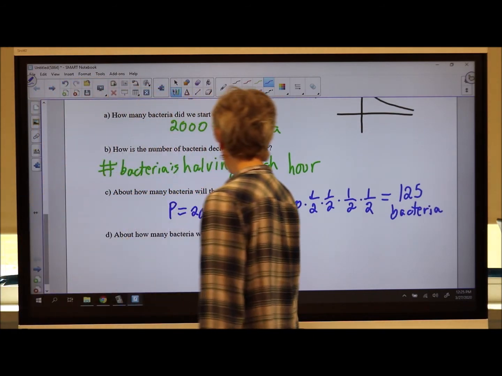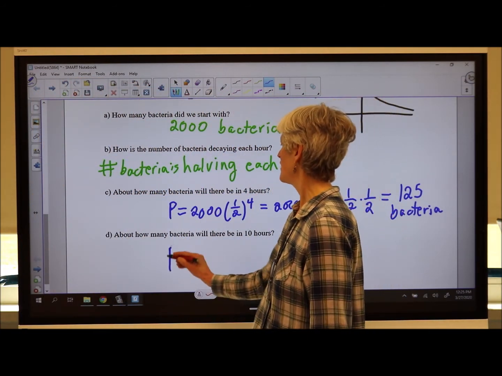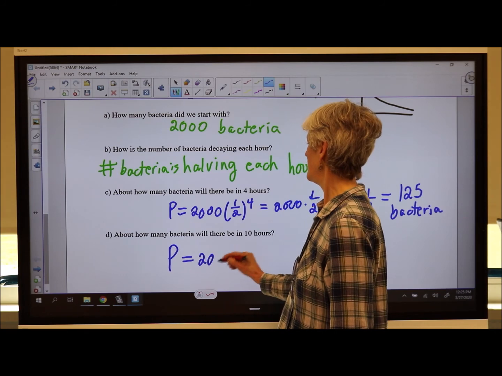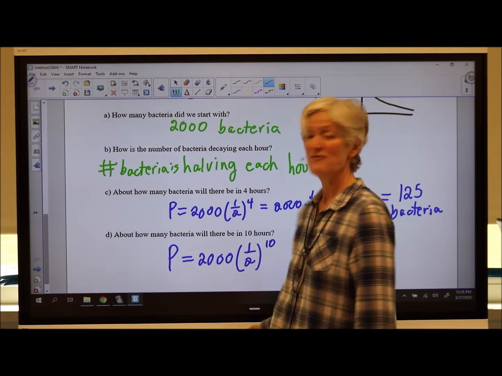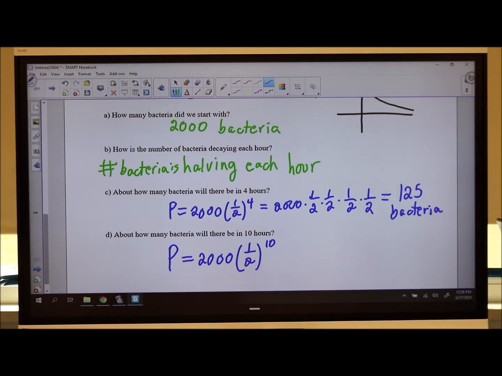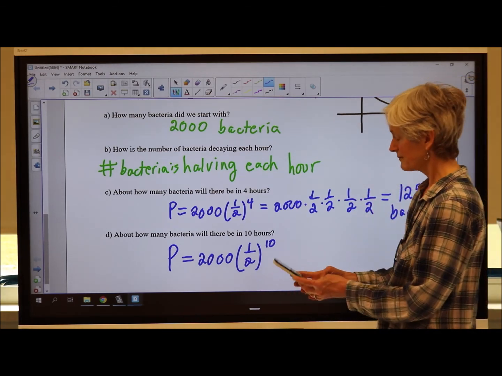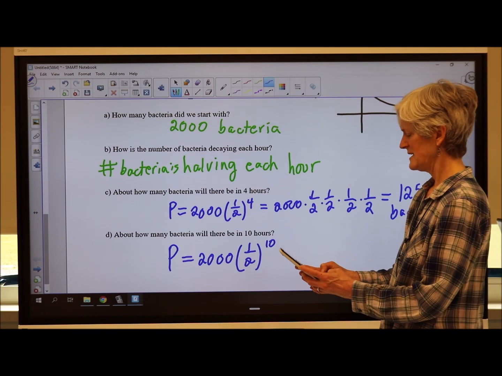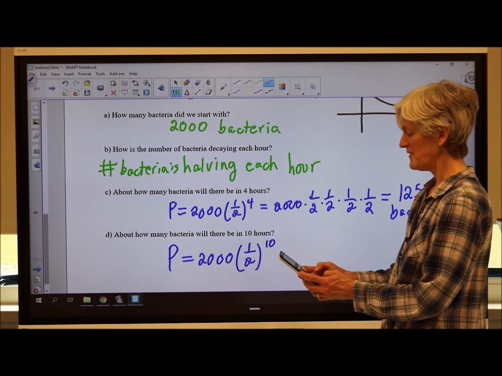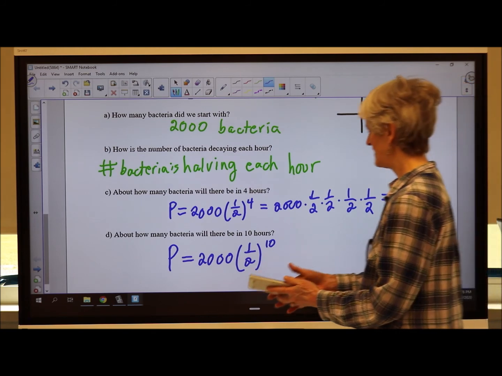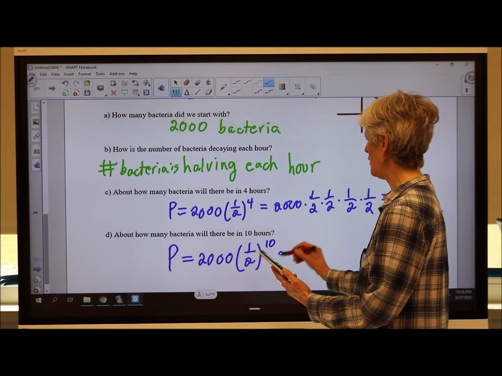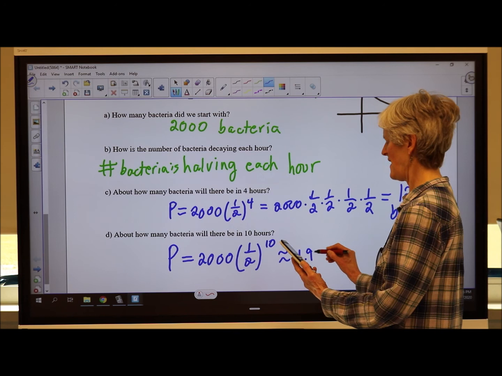About how many bacteria will there be in 10 hours? This one I'm not going to do in my head. I think we're not going to have many bacteria left. So let's see. So 2,000 times 1/2, or 0.5. The caret does our exponent. And, oh yeah, I got about 1.9531.